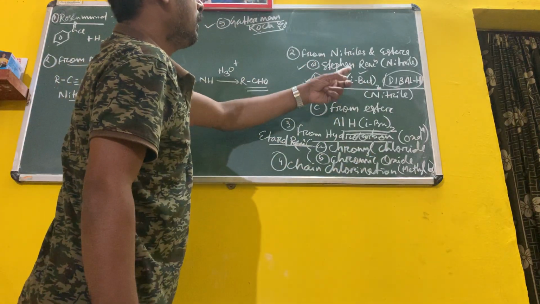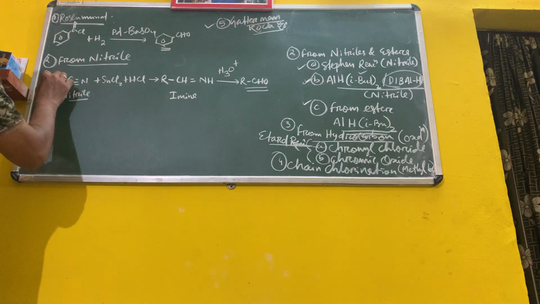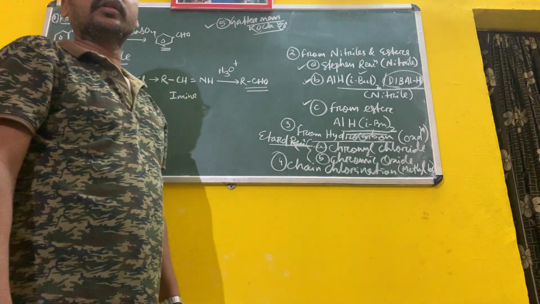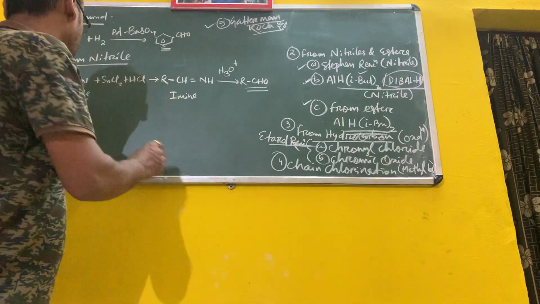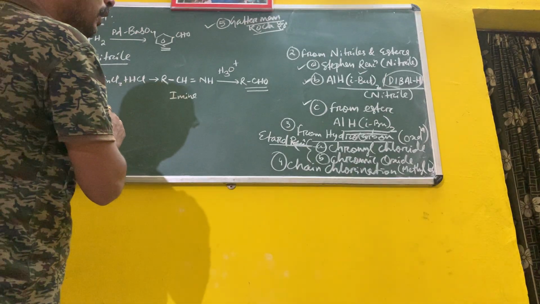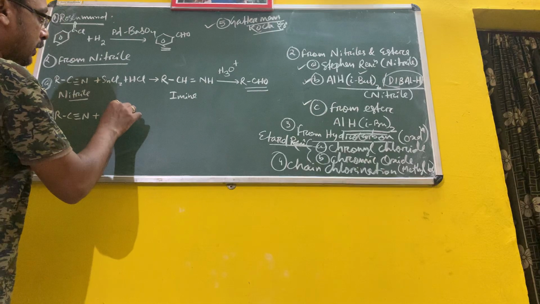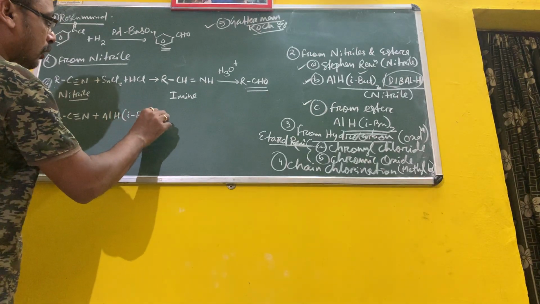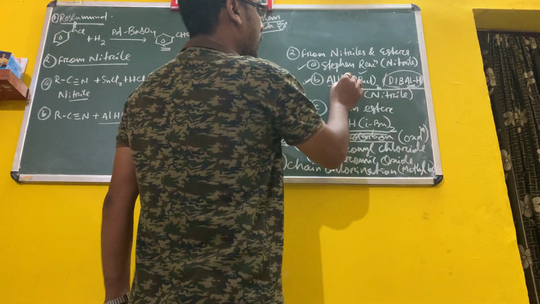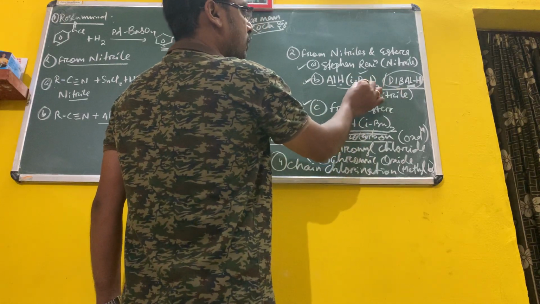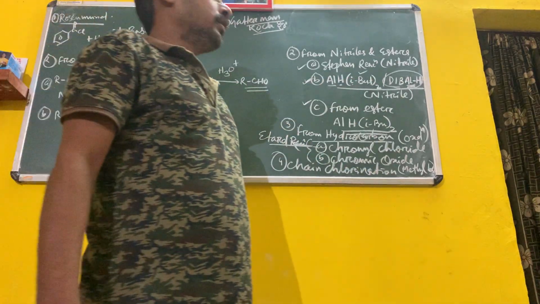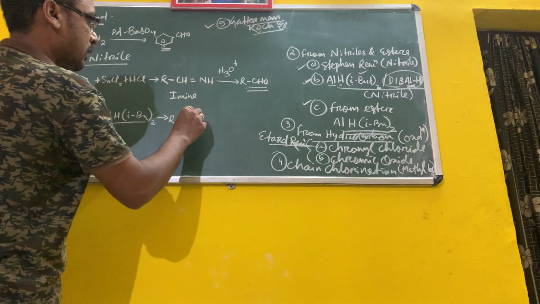Next is nitrile with DIBAL. This is your second sub-part. When an alkyl nitrile, suppose you can take any example, RC triple bond N, is treated with DIBAL, that is diisobutyl aluminium hydride, it will form imine again, RCH double bond NH.